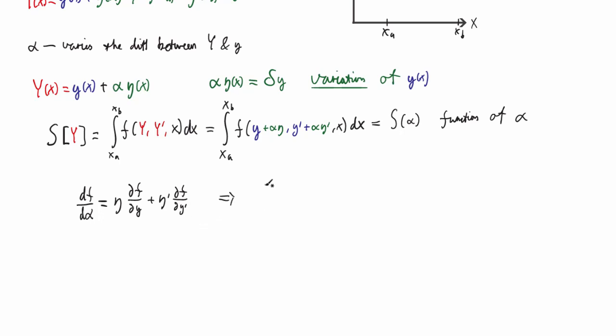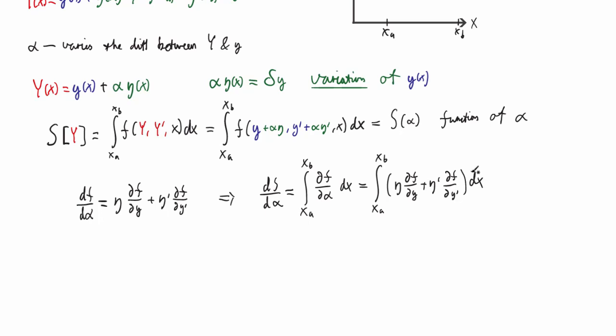So if I then want to calculate dS d alpha, that amounts to taking the derivative of this integral, and since the integration is over a finite interval and the function in here is continuous and well behaved, I can invert differentiation and integration. So I can take the derivative inside the integral sign, and I get, like that.